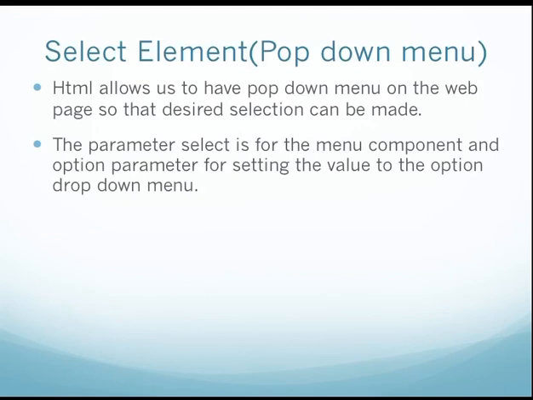There are multiple states, so when you click on the arrow given on the pop down menu, multiple states are given and you can select any state you want. That is basically called a pop down menu. The select parameter is for the menu component, and the option parameter is used for setting the value of the option of the drop down menu. Let's see the example of a pop down menu.